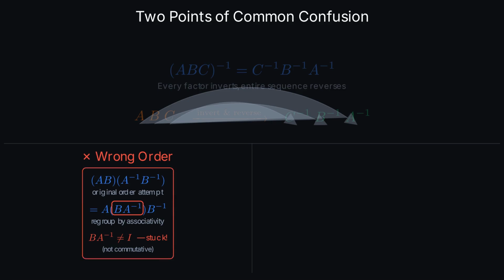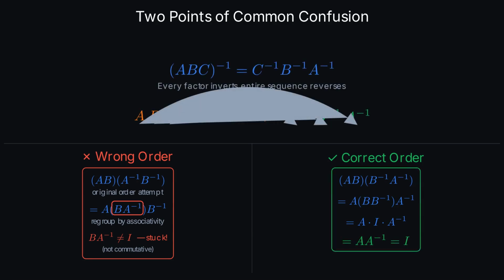So the product is stuck and does not equal I. Now compare with the correct order. Multiply AB by B inverse A inverse, you get A times B B inverse times A inverse. The middle term B B inverse equals I. So this simplifies to A times I times A inverse, which equals A A inverse, which equals I. The reversal is essential, not optional.